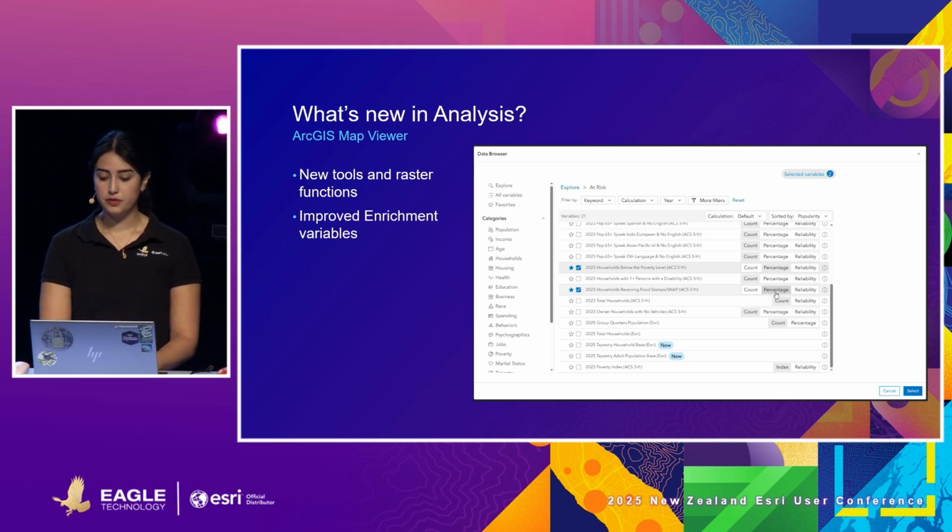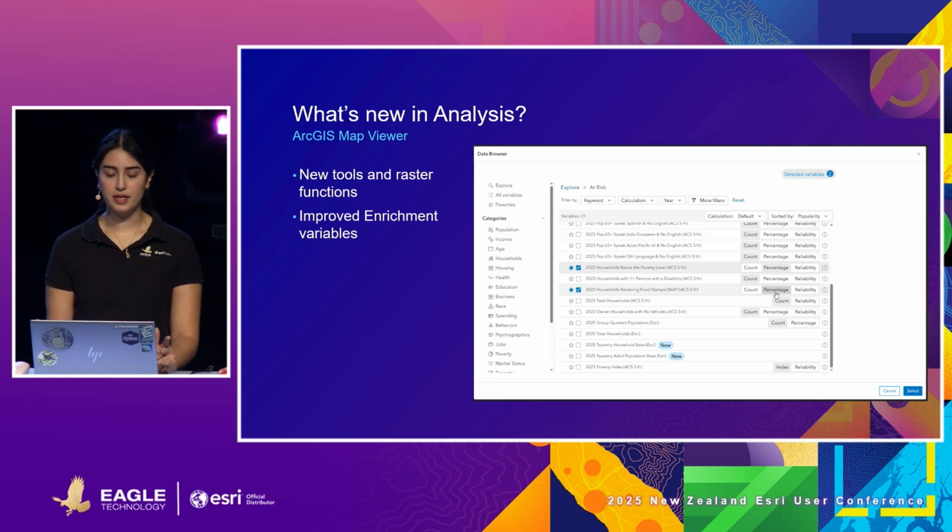So the data browser for this tool has been enhanced, and it now supports adding variables to a favorites list, which can be really useful considering there are so many variables, and you may want to reuse them. So accessing them by adding them to your favorites first will be easier. And this browser also now has an improved semantic search functionality, which again is super useful considering how many variables there are.